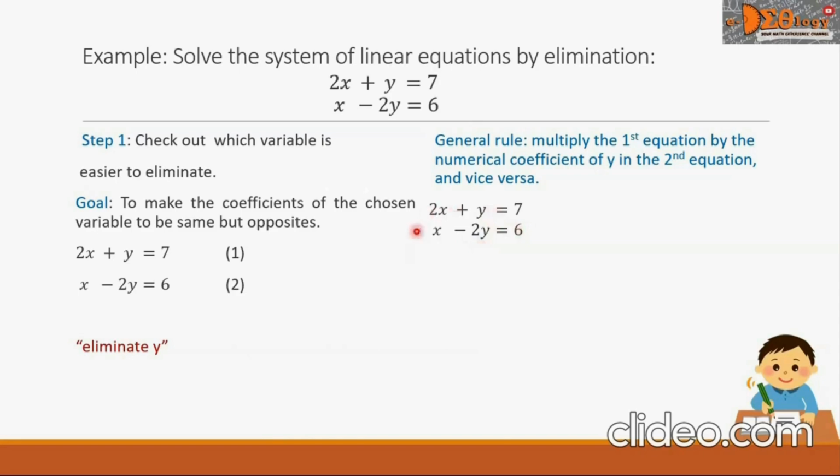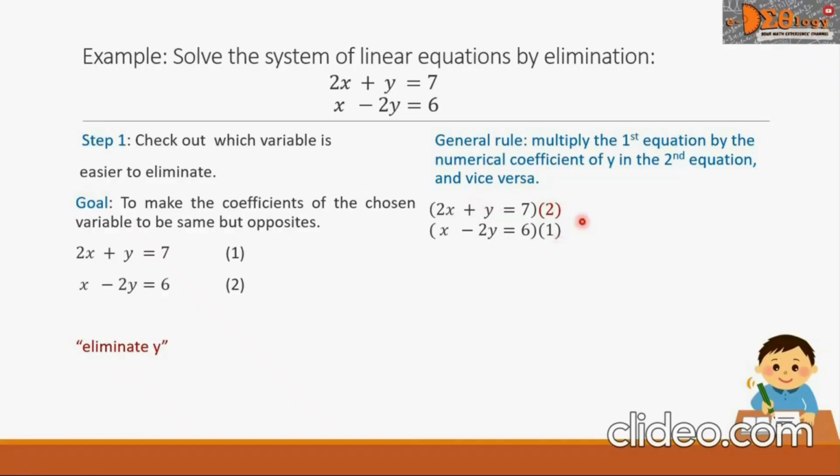And also, for the second equation, I will multiply this by the coefficient of y in the first equation, and in this case it is 1. So we have now the first equation to be multiplied by 2 and the second equation to be multiplied by 1.